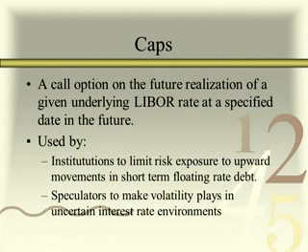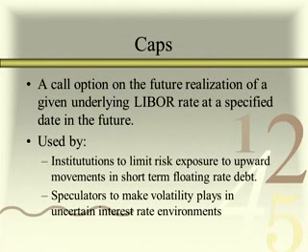A cap, again, is a call option on the future realization of a given underlying LIBOR rate at a specified date in the future. Now, it's not always LIBOR. It can be any reference you want it to be, but LIBOR is the most active and the most widely used. It's used by institutions to limit risk exposure to upward movements in short-term floating debt rate.